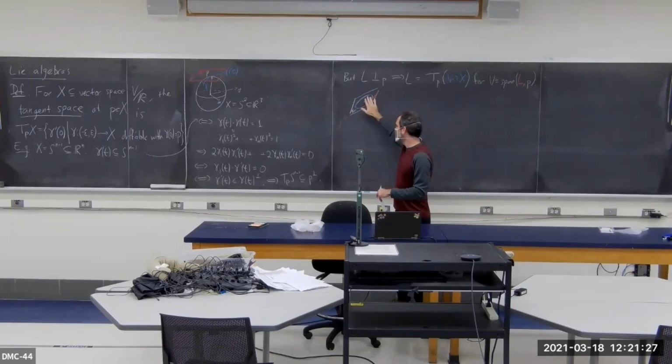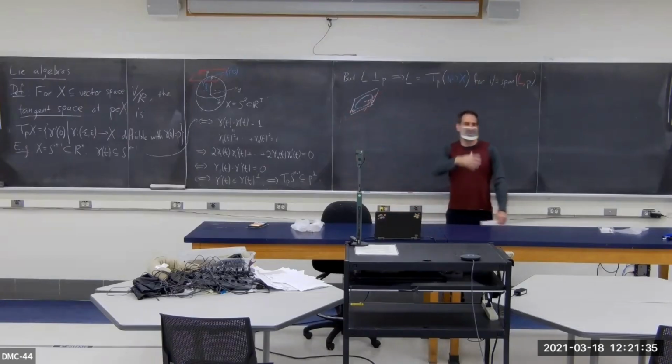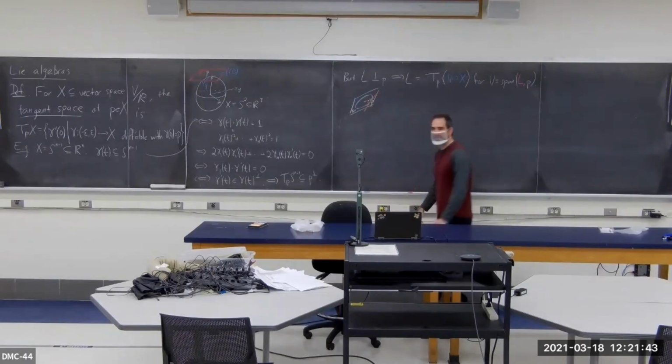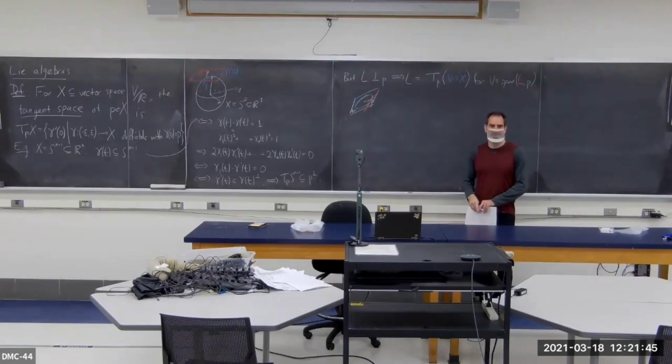The intersection of that plane with the sphere is a circle, and the circle we know how to parameterize. We can take a tangent vector, and we know, by whatever method you like, that every vector that's tangent to a circle is orthogonal to the tangent point. How do we know that?